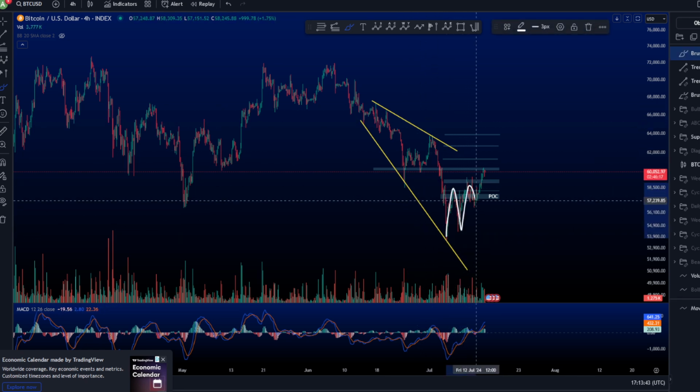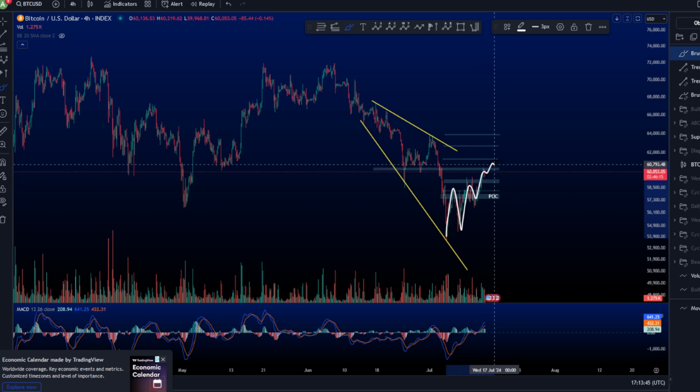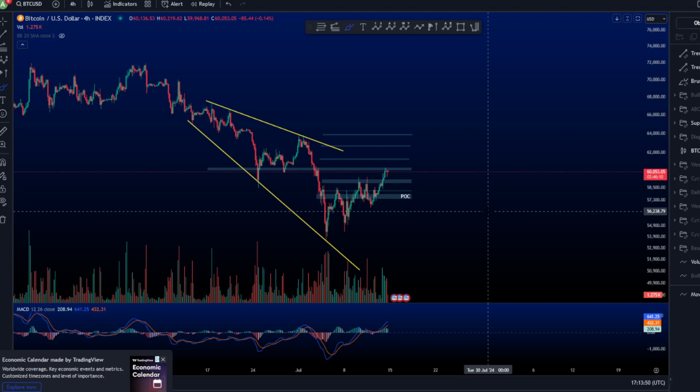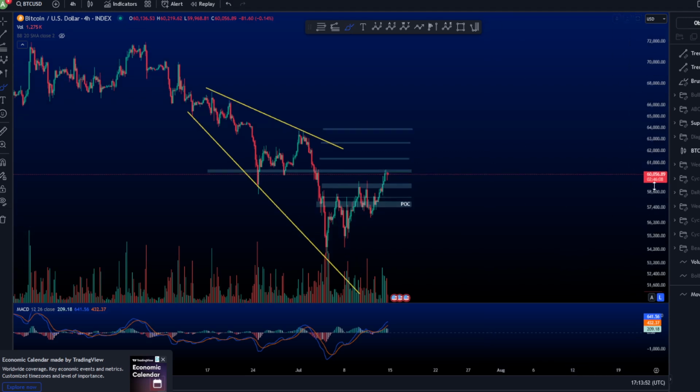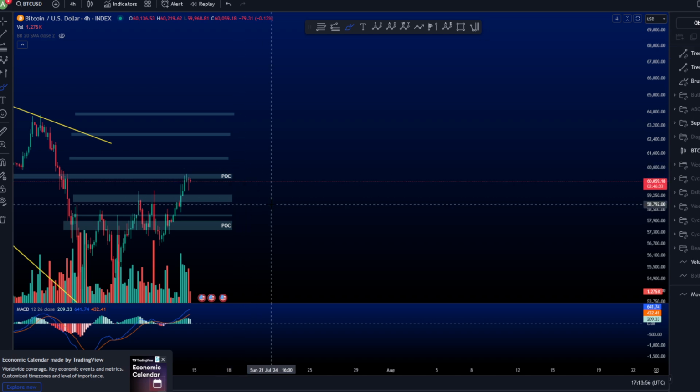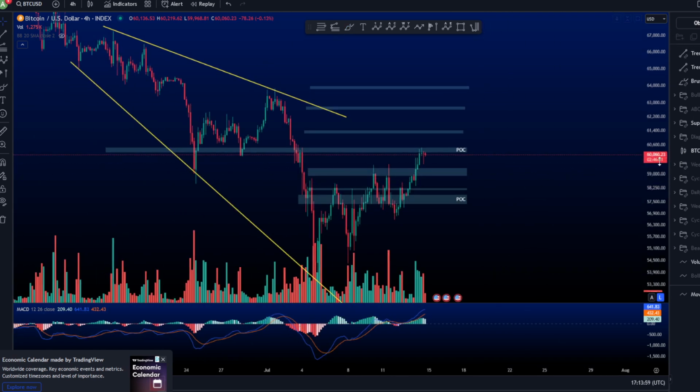The more impulsive waves that we see, the more evidence we have for a bullish reversal. Now, of course, we might see some rejections here because, as I told you, this is a strong resistance. We have a point of control here.